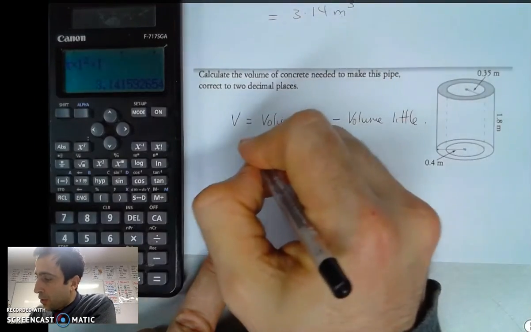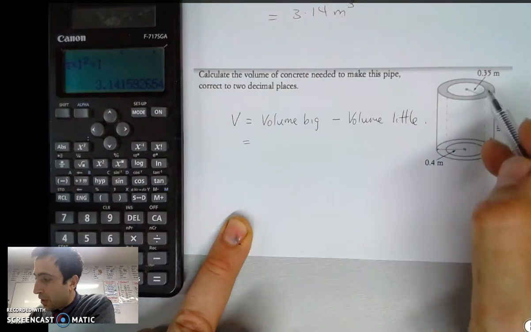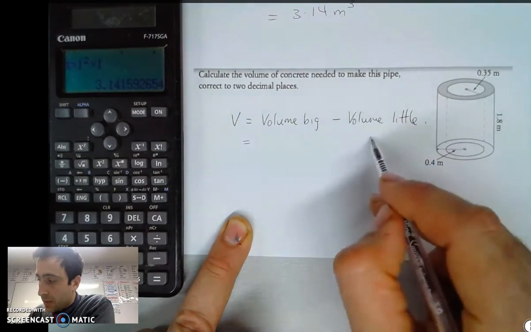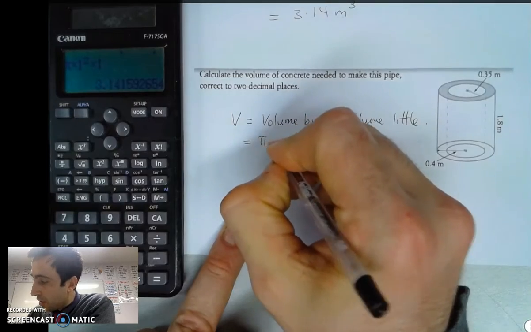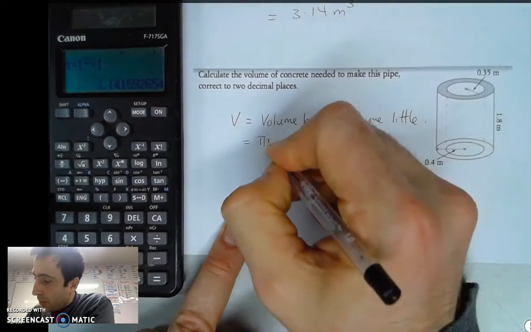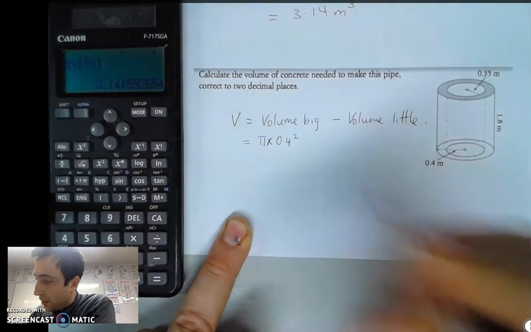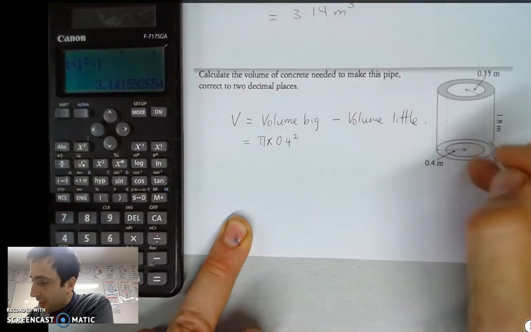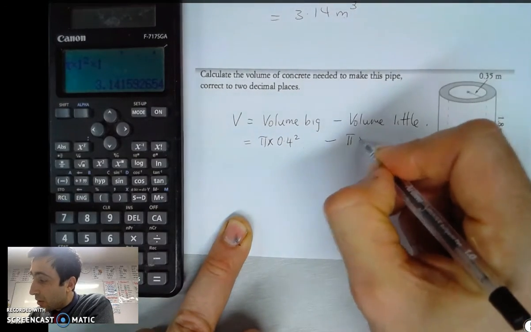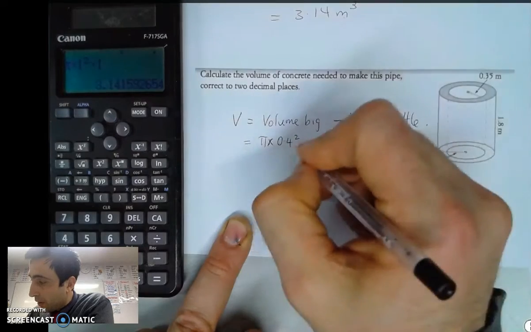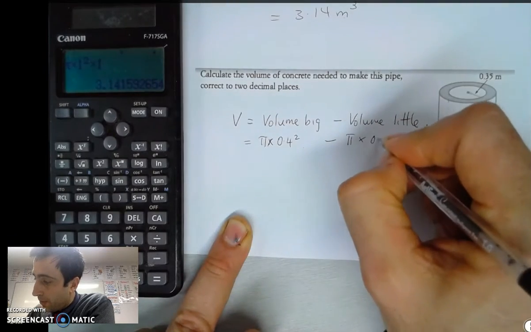So in other words, we're doing pi r squared times depth, minus pi r squared times depth. First one is pi times 0.4 squared, because that's the big cylinder. And then we're cutting out now the little cylinder, which is pi times, oops, I've left something out, 0.35 squared.